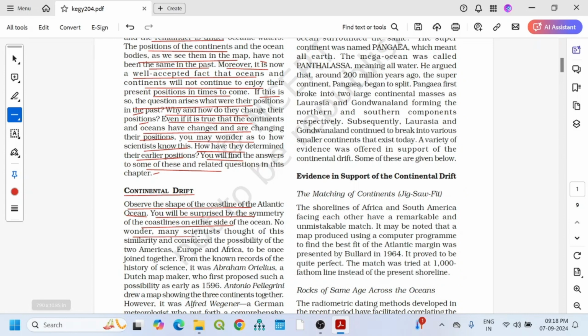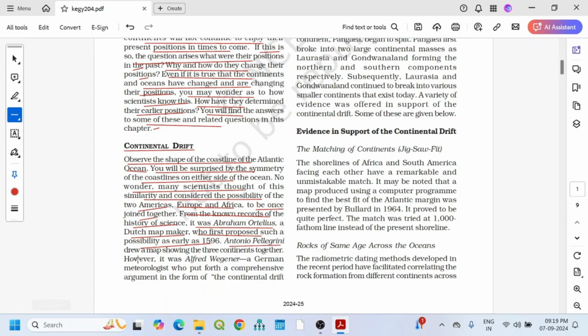No wonder many scientists thought of the similarity and considered the possibility of the two Americas, Europe and Africa, being once joined together. From the known records of the history of science, it was Abraham Ortelius, a Dutch map maker, who first proposed such a possibility as early as 1596.